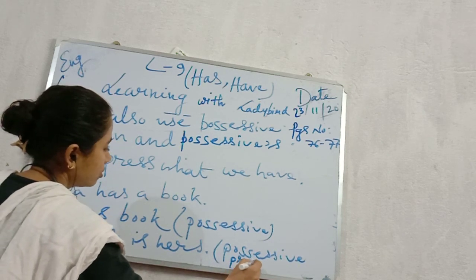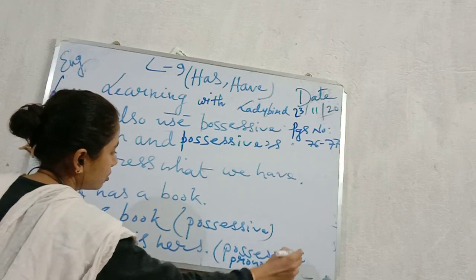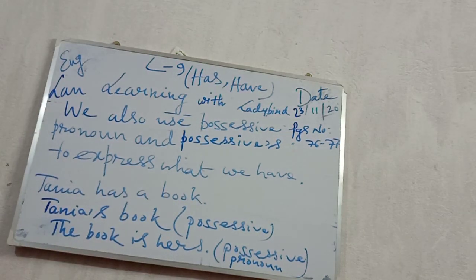Okay. Tania's book, the first one showing possession. Whose book? Tania's book. It means this book belongs to Tania. Then the book is hers. The book is hers. Full stop. Hers is a possessive pronoun here.